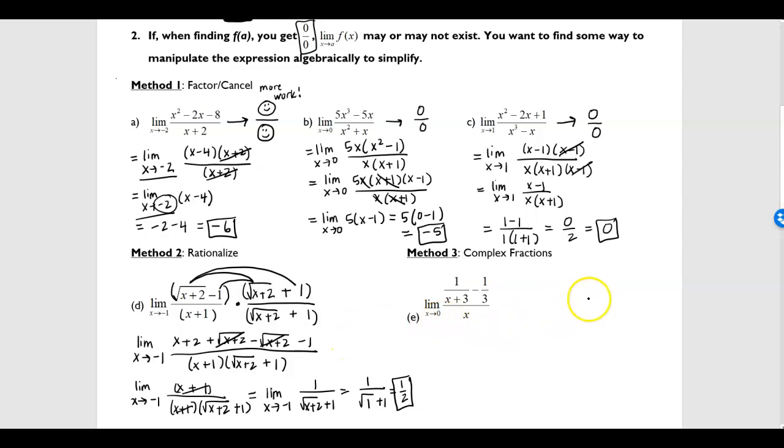For part E, we have a complex fraction here, which means there's a fraction inside of my fraction. You might be tempted to find a common denominator of these two fractions in the numerator and then simplify. However, I find that it's easier to multiply by my least common denominator in both the larger numerator and denominator.